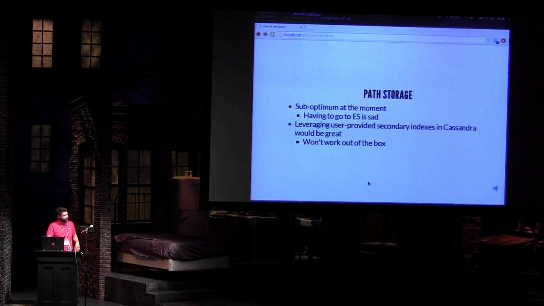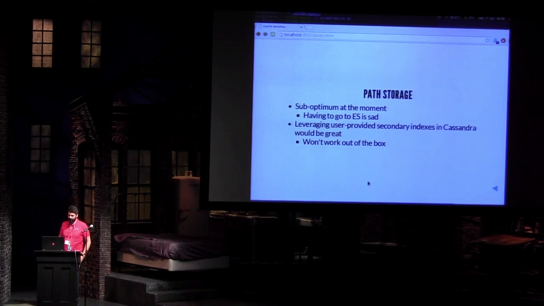Path storage is a bit suboptimal at the moment. Cassandra is not really good out of the box at dealing with indexes. So when you search for a path that says, give me everything that starts with web store or something, it's not really efficient to query that type of information in Cassandra.